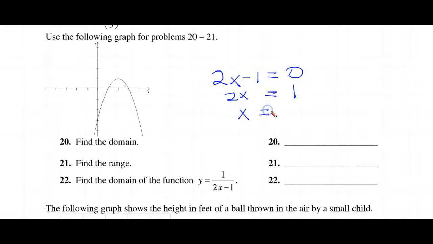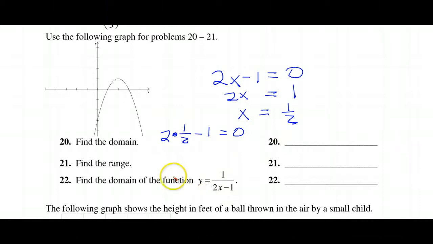We get x equals 1/2. So if we put a 1/2 for the x here, that makes this denominator a 0, because 2 times 1/2 minus 1 is a 0.